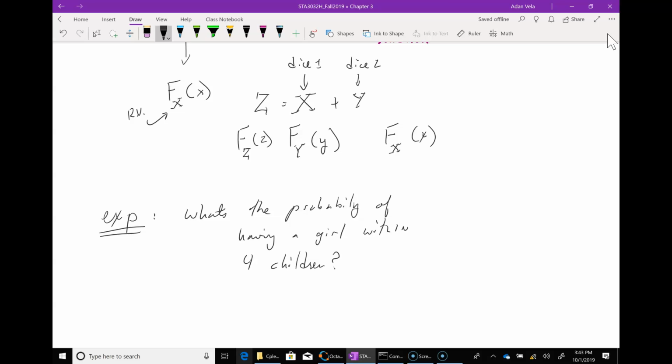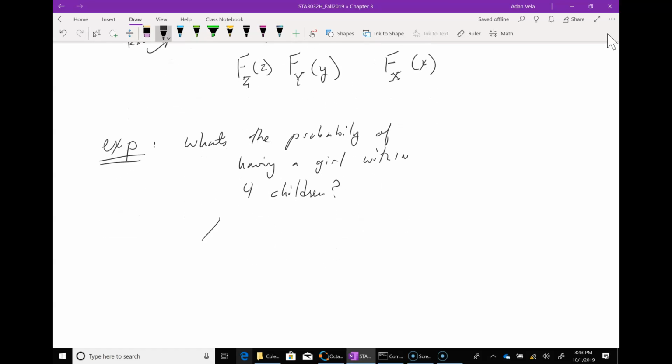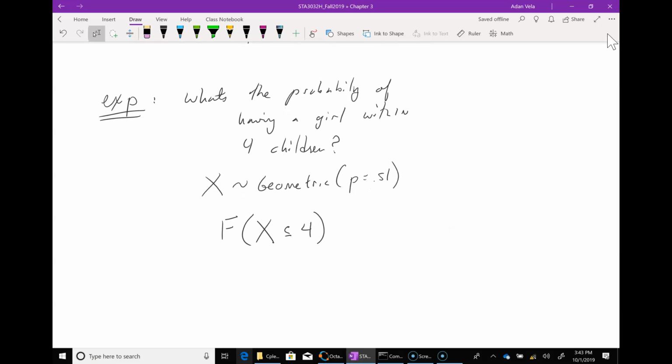So in this case, what we're talking about is if we go back to this geometric distribution, we're talking about calculating what is our cumulative distribution, F of big X, less than 4. So we can actually work this out.